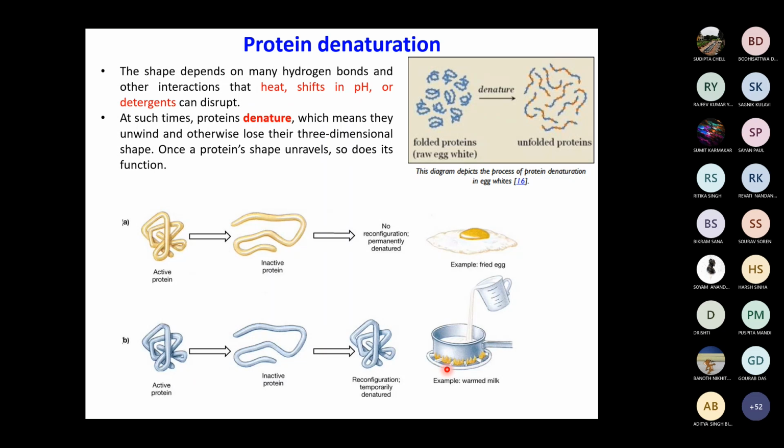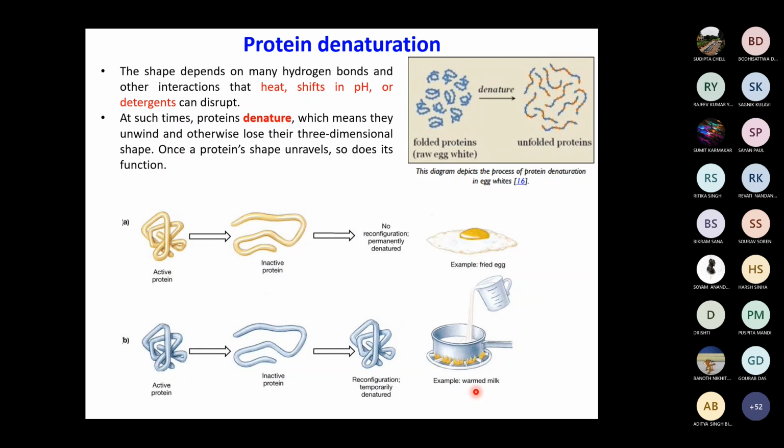Once that structure gets disrupted, the function is lost. Denaturation can be permanent or temporary. For example, when making an omelette, the structure is completely denatured. But when warming milk, the structure is temporarily denatured, so it can get back to its old form.